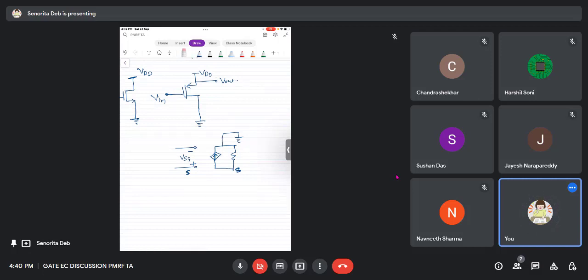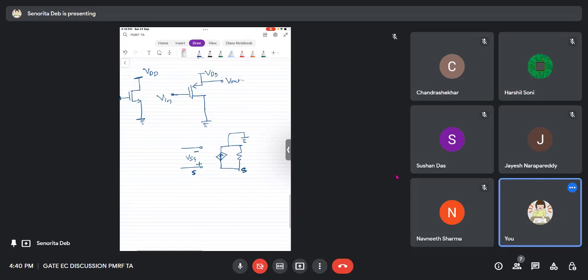Is there a mistake? No, that is fine. So the output will be from the source itself. So for PMOS it is like this.